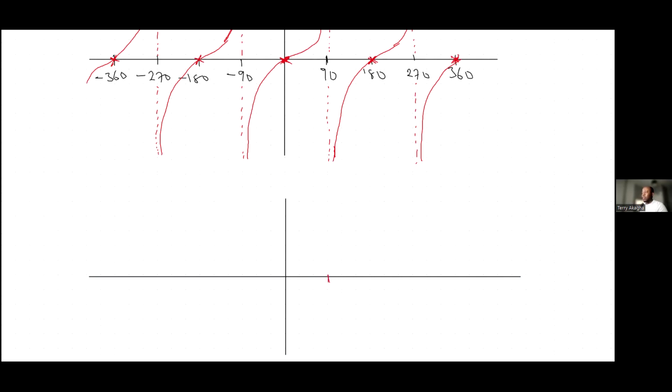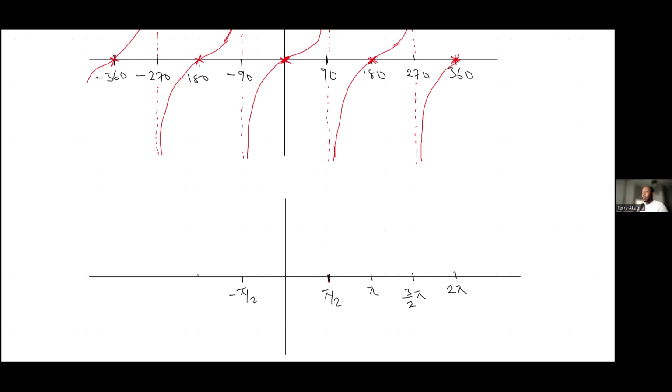So 90 degrees is pi over 2, right? 180 here is pi. 270 is 3 over 2 pi. 360 is going to give you what? 2 pi. In the negative direction, it's going to give you minus pi over 2 for minus 90.